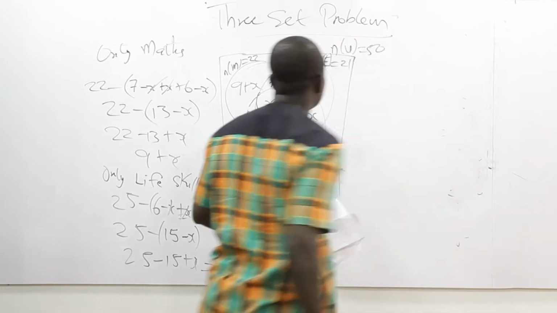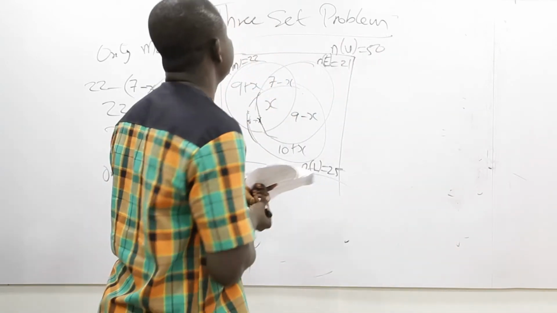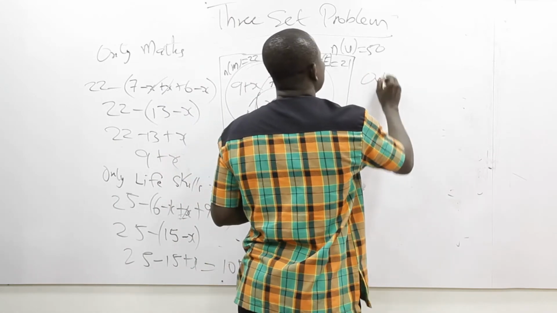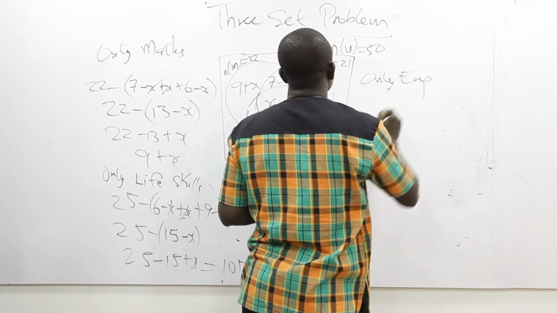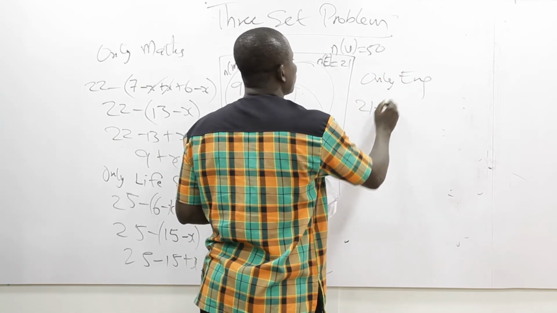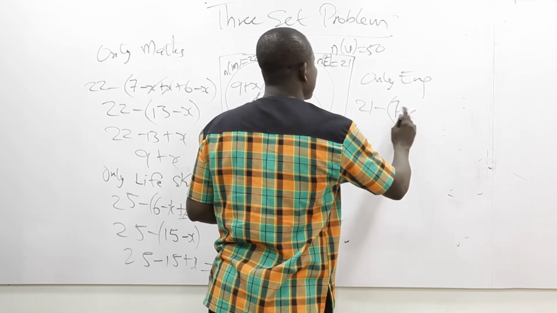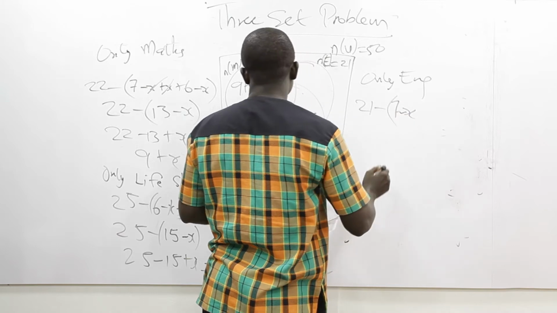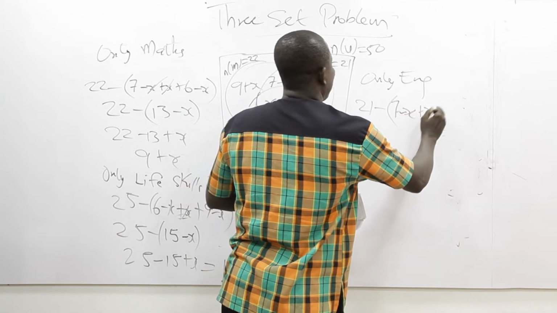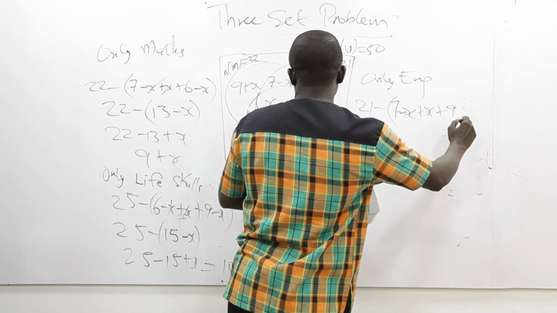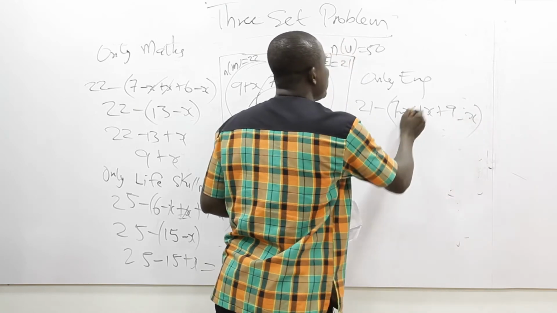Now I think I can clean here. So only English language is going to be 21 minus, in bracket, the rest of the content here, which is 7 minus x plus 9 minus x. So here, x and x go.